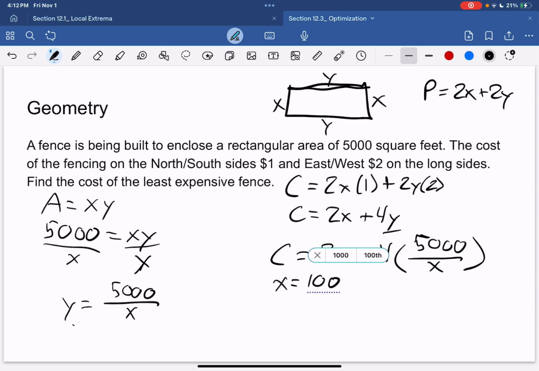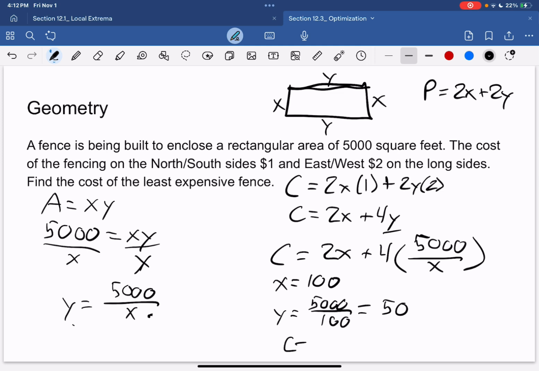Now I have a place where I can substitute X back in to find my Y. Remember, Y is equal to 5,000 divided by X, which is 100, so Y is equal to 50. This X and Y would give me my minimum cost with my least expensive fence.